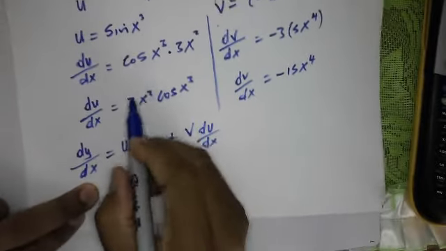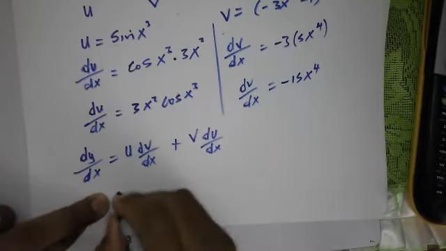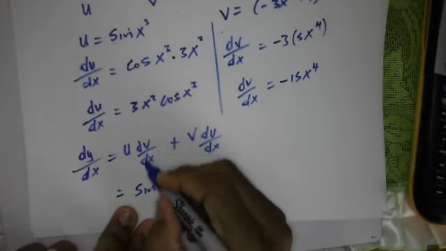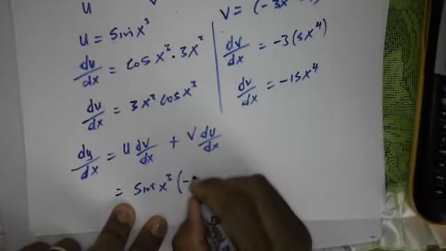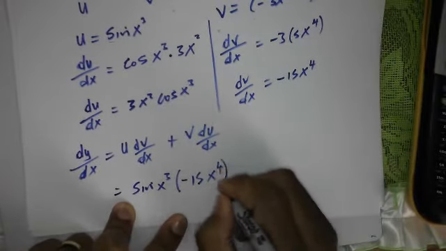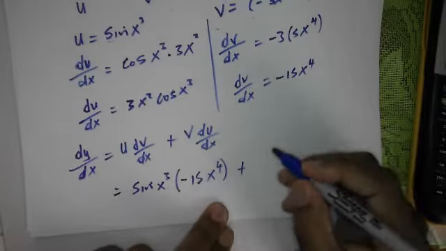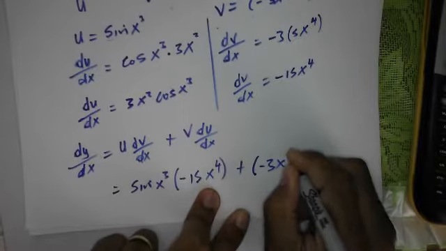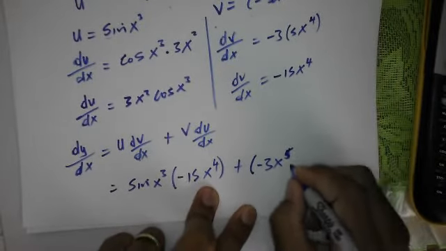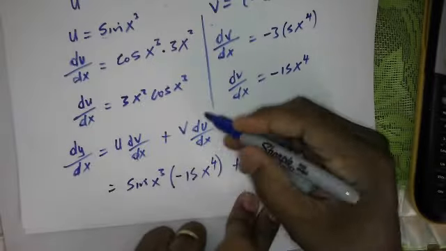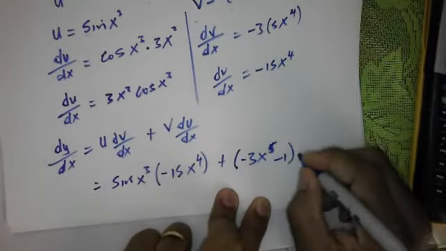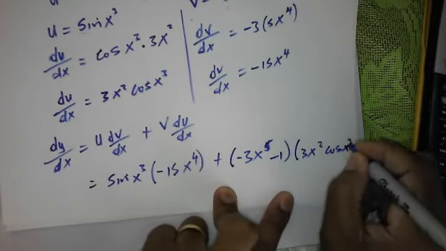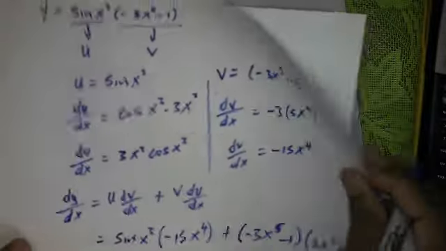Here is u, so that would give us sine x cubed times dv by dx, which is this part here, that is negative 15x to the 4th, plus v, here is v, so that is negative 3x to the 5th minus 1, times du by dx, here is du by dx, so that is 3x squared cos x cubed. So let's clean this up now.